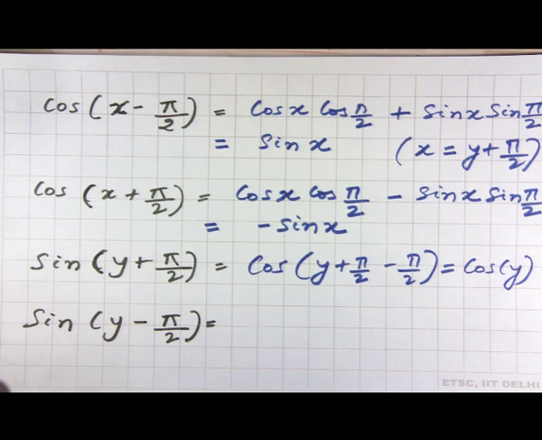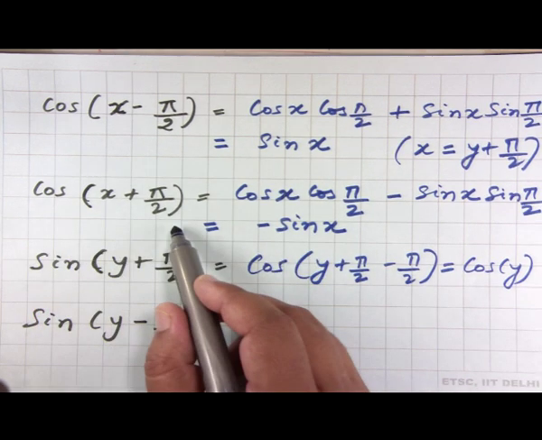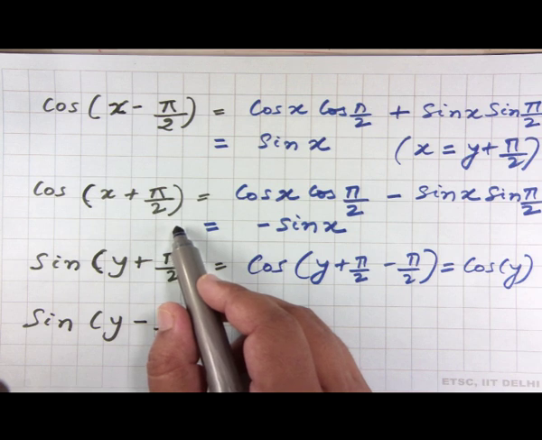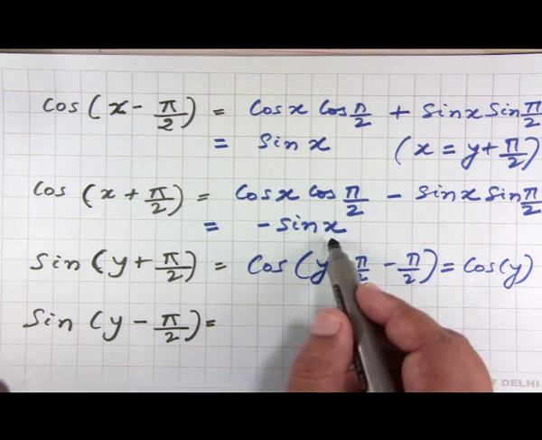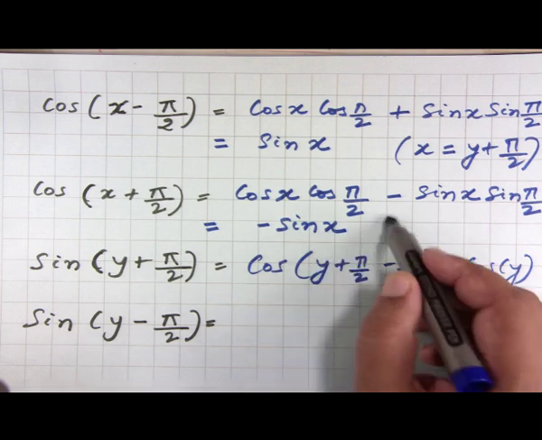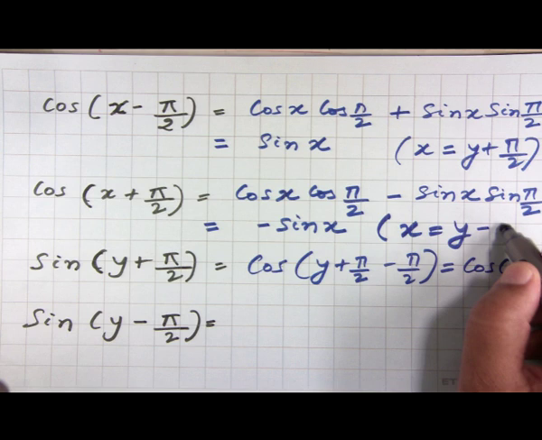Similarly, we can find out what sin of y minus pi by 2 is. We go back to this equation that we had just derived, cos of x plus pi by 2 is equal to minus sin x. So, here what we do is we try to do the substitution x equal to y minus pi by 2.